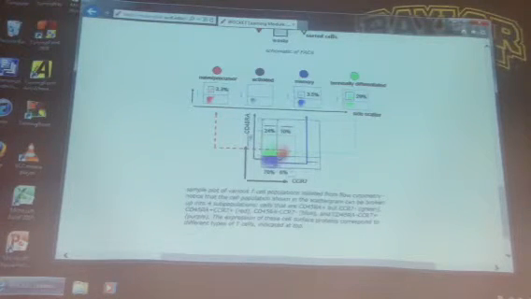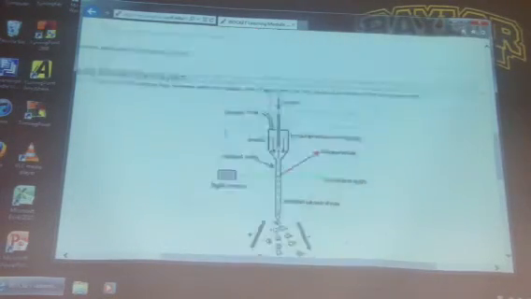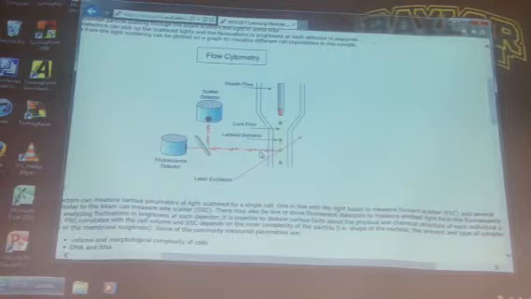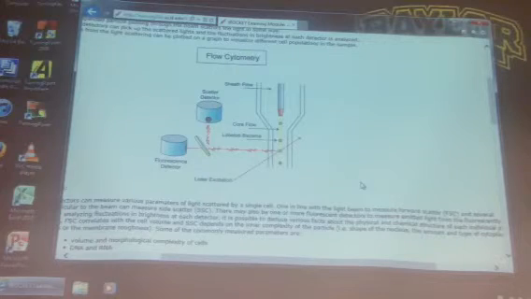For CD45RA, that surface antigen, we will use an antibody which has a green fluorescence. So we run it through this, and it keeps track of red fluorescence and green fluorescence for every cell. And it makes a mark. Okay, that was red fluorescent. Oh, that one was green fluorescent. Oh, that one didn't have much fluorescence.